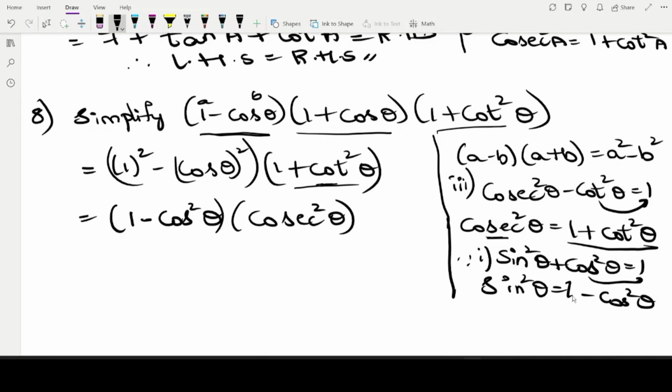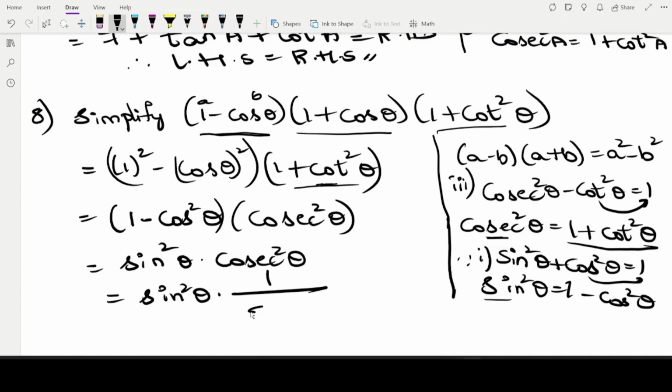So 1 minus cos square theta is sin square theta. So sin square theta into cosecant square theta. Now you can write cosecant as 1 by sin, so 1 by sin square theta. Both sin square theta get cancelled, and you are left with 1. So the value of 1 minus cos theta into 1 plus cos theta into 1 plus cot square theta is 1. So this is the answer.